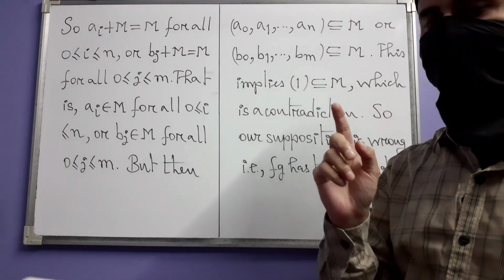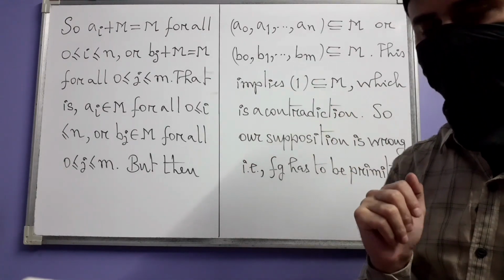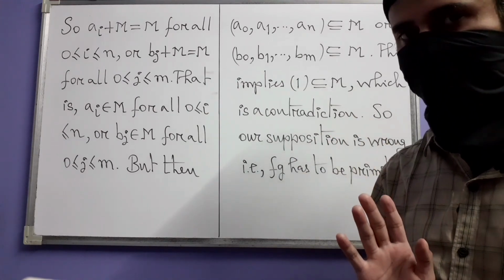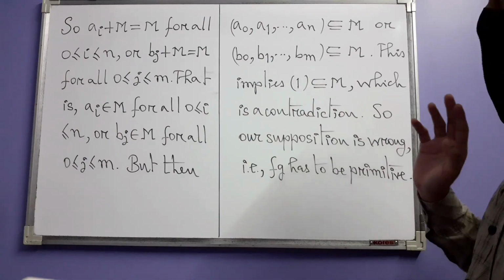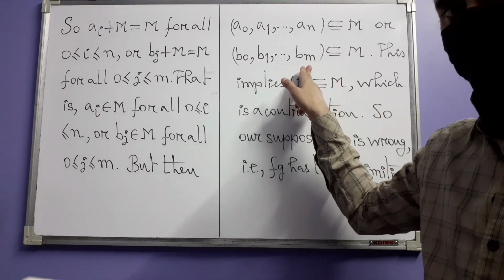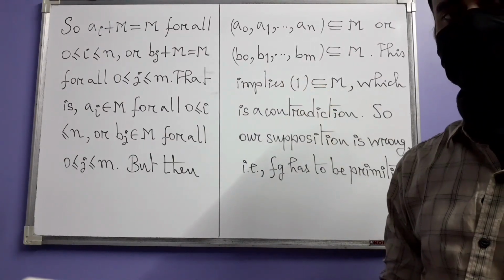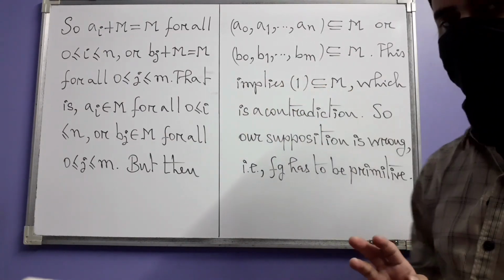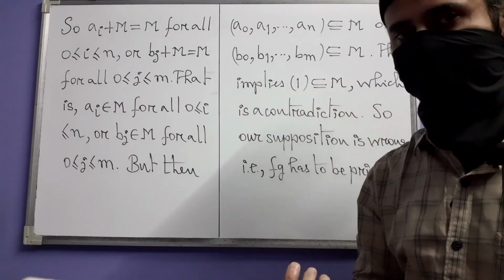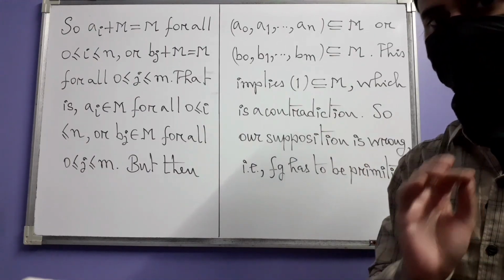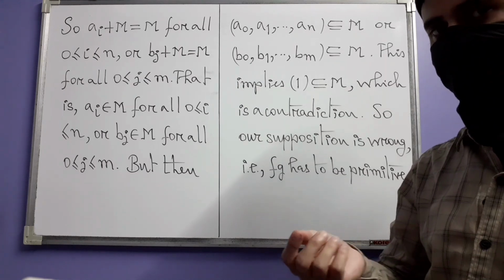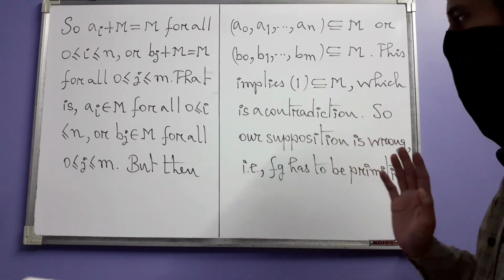Now what was our hypothesis in this converse part? That f and g are both primitive. So what does that mean? It means that this ideal and this ideal are both equal to the entire ring, but then the entire ring is contained in M, which cannot be true, because then M becomes equal to the entire ring, and that contradicts the maximality of M, because M by definition of maximality is a proper ideal, it cannot be the entire ring.